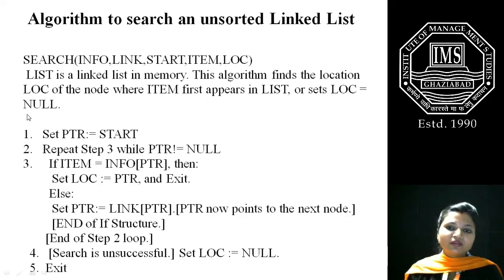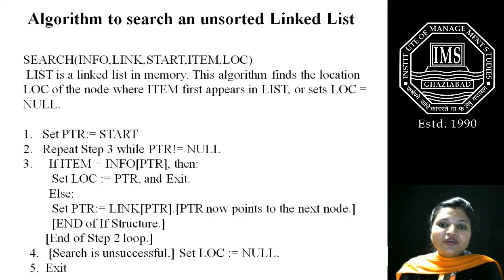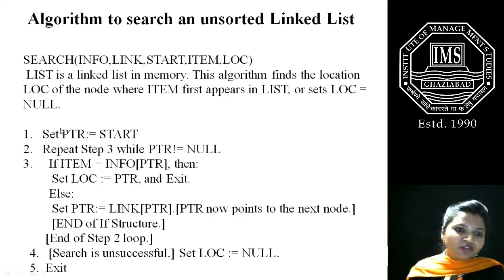Means there is no value of this type present in the list. So we will start from the first node. So PTR is equal to start, means PTR contains the address of the first node in the list. We will repeat this step until we have searched the full linked list.